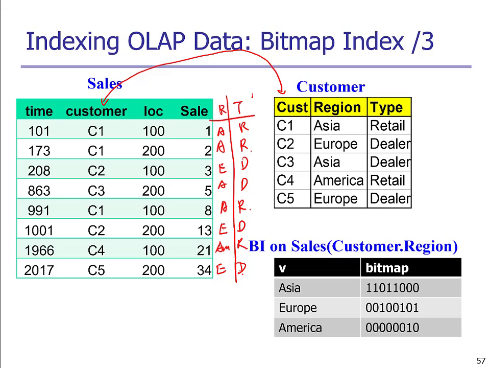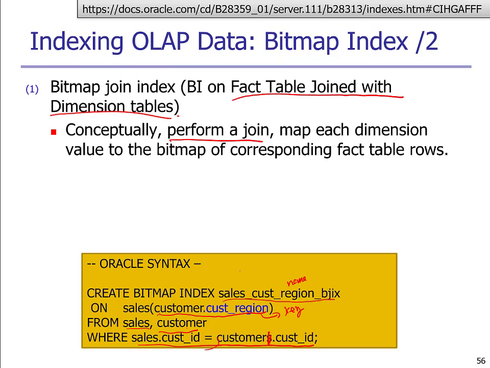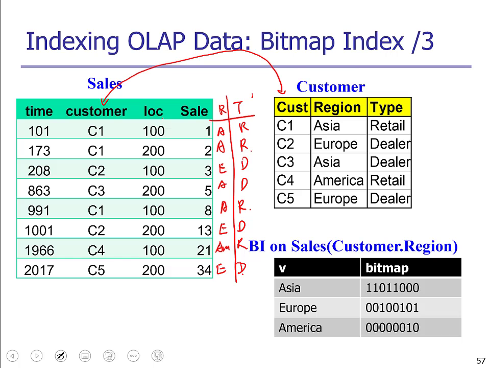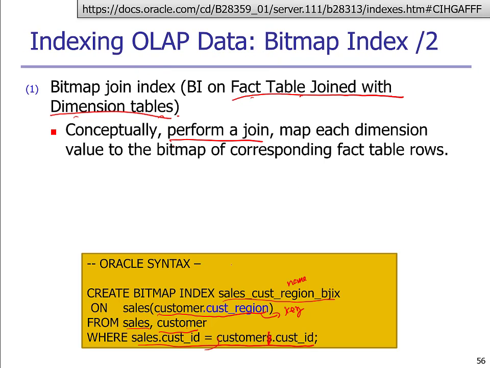So this is the joined table, right? You join the fact table with dimension tables. This is the new table you have, and then we need to build the bitmap index on it. We map each dimension value to the bitmap of corresponding fact table rows.